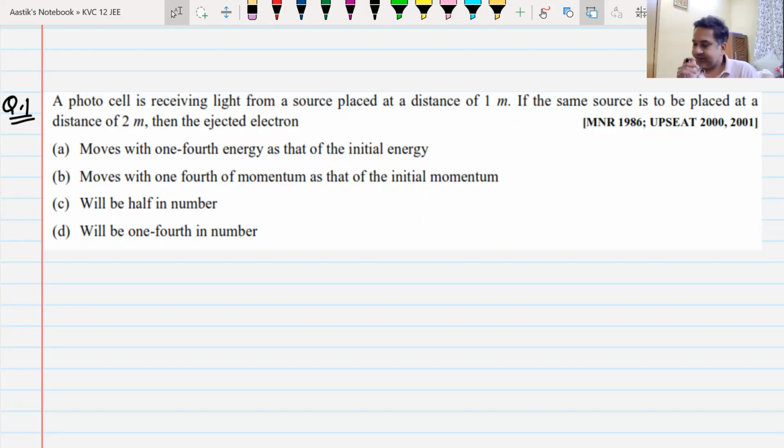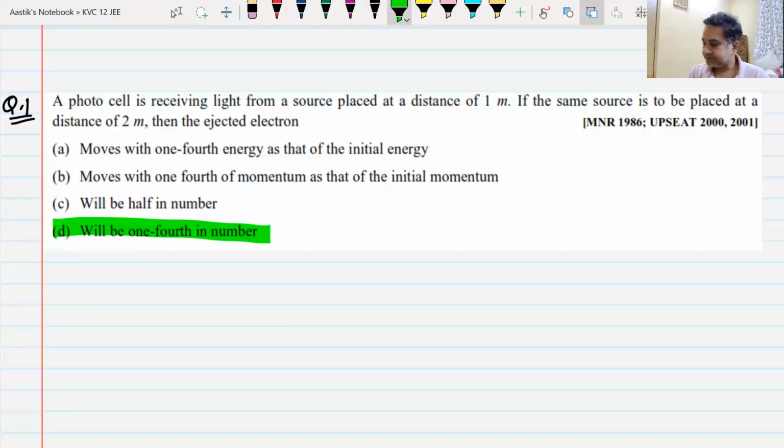The answer is D. It will be 1/4 in number. How did I get D? The first option is about energy.